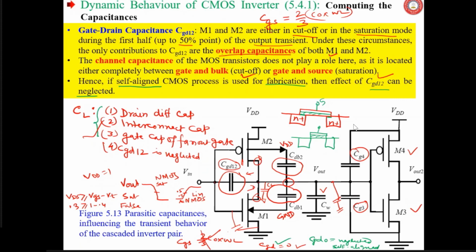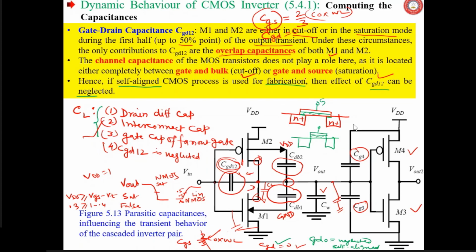And CGD, what is the value of CGD? It is 0. So if CGS is there, CGD is not there, so its effect is not there. We're talking about the drain, CGD. We are not bothering about the CGS because CGS is not involved in load capacitance. It is involved with the drain capacitance only.